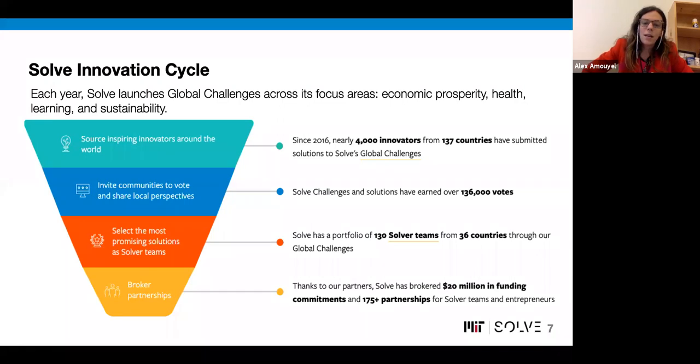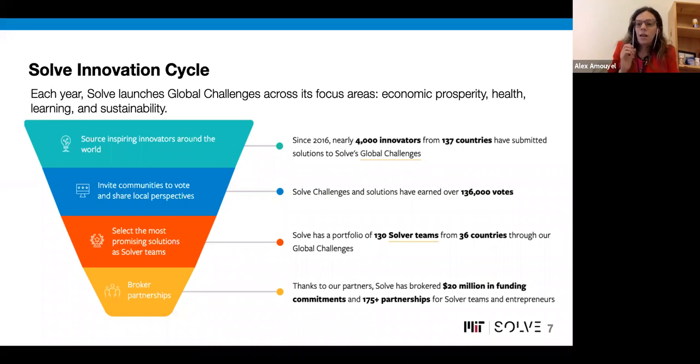How we design the challenges and then also allow people to vote on the solutions. How we select the most promising solutions through a series of review stages, selection stage, technical vetting, and more. And so far we've selected 130 solver teams from 36 countries.